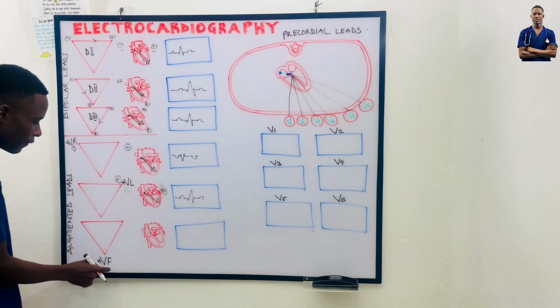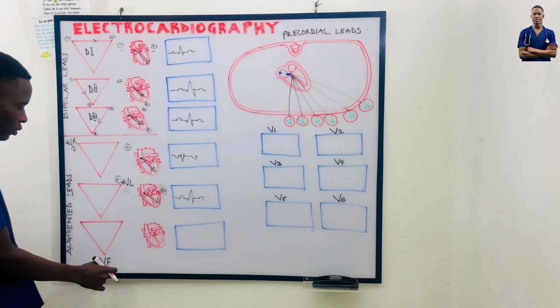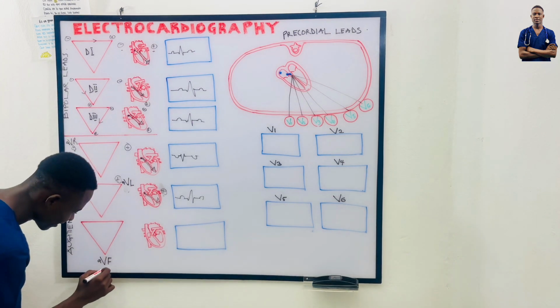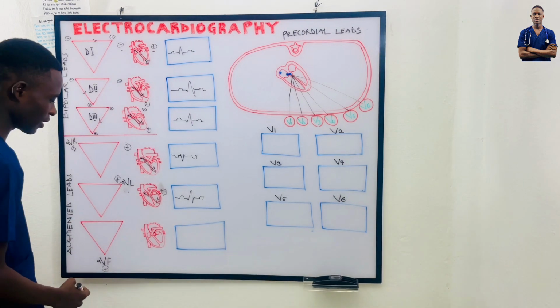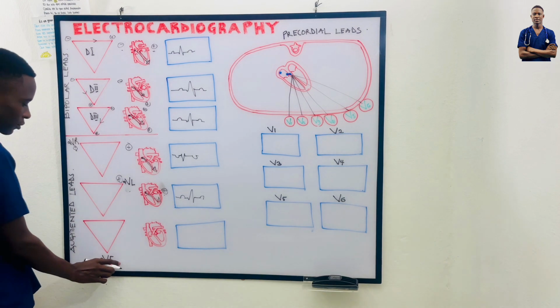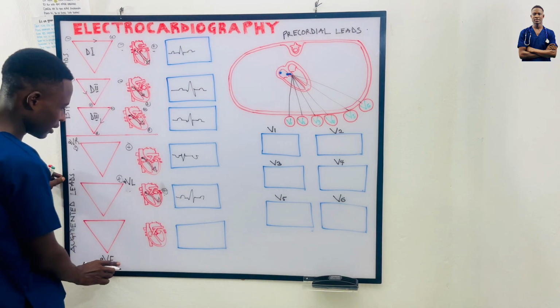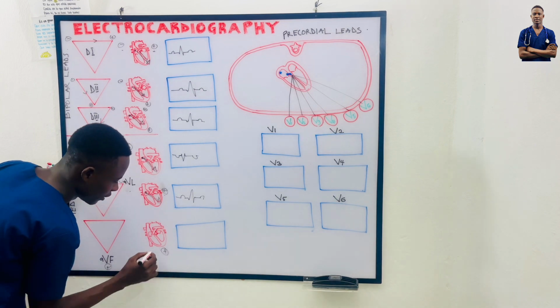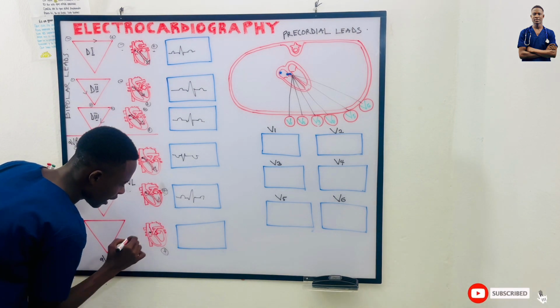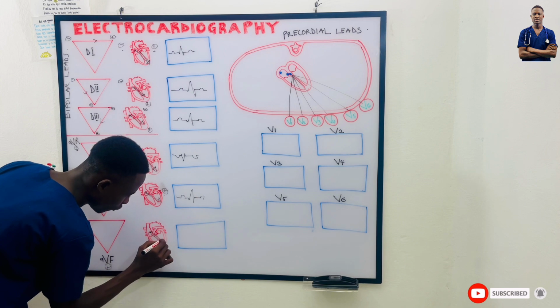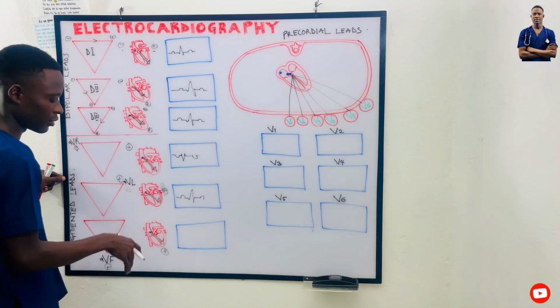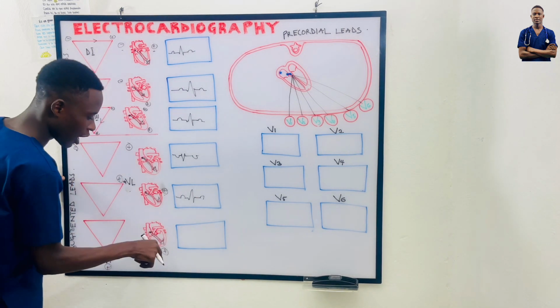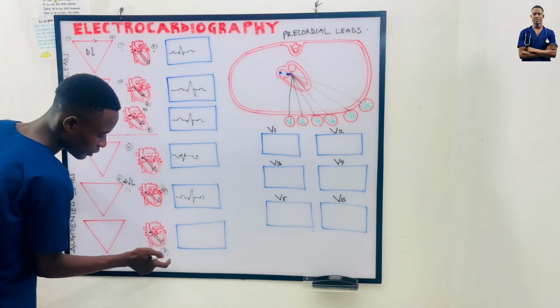Now let's come to the AVF. The AVF too is having the positive downwards. It is also the easiest one. So as the positive is down here, what is the movement? So in our heart, we get our positive here, and as we generate the action potential, the vector will move downwards to the ventricle. Do you understand? And as the vector moves downwards to the ventricle, it moves closer to the positive.